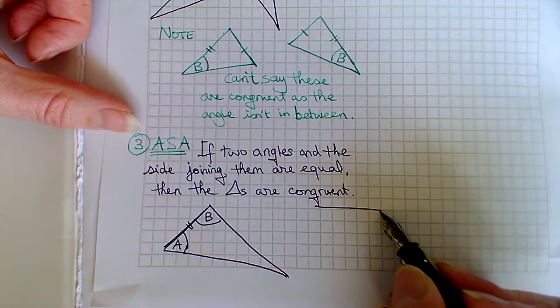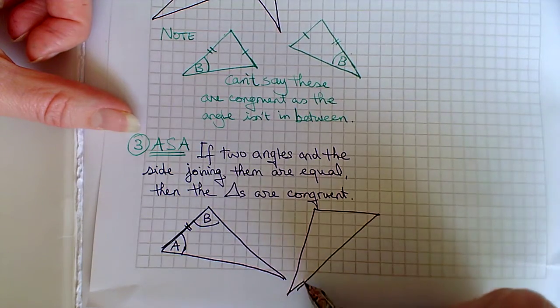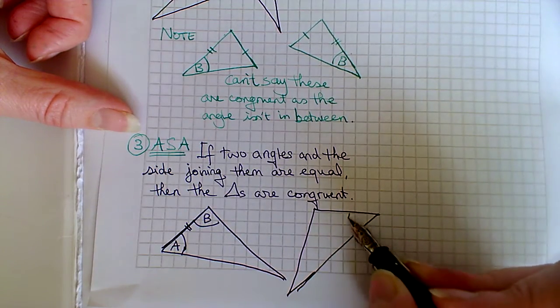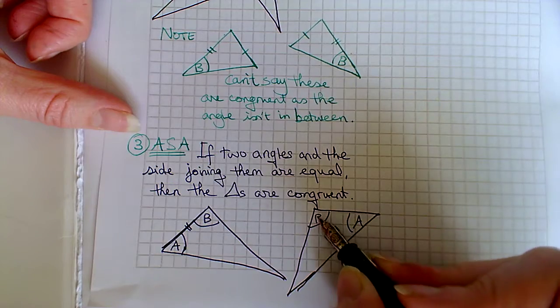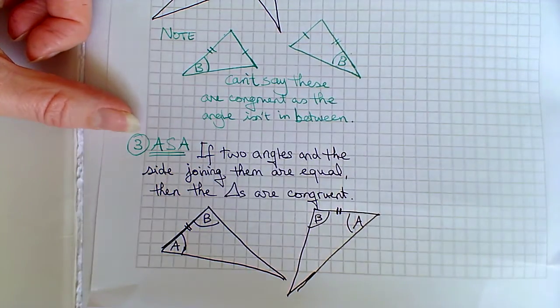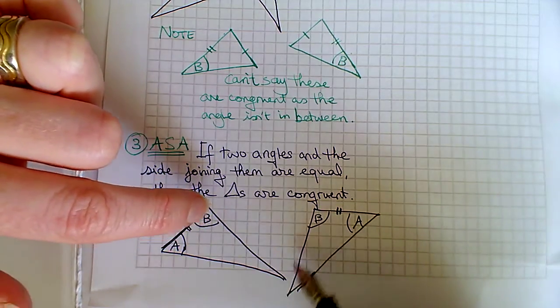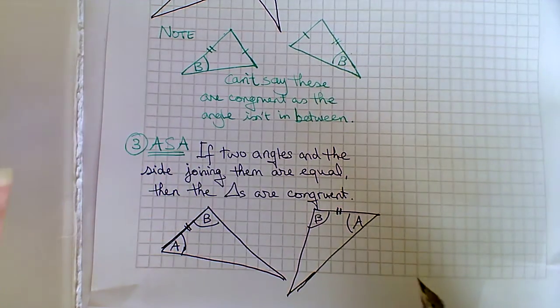Maybe a different rotation of it, say the angle A, the angle B, and the side joining them. Then those two triangles are congruent. Everything about them must be identical. If we were told those two angles are the same, but one of the other sides were the same, we can't say that they're congruent.